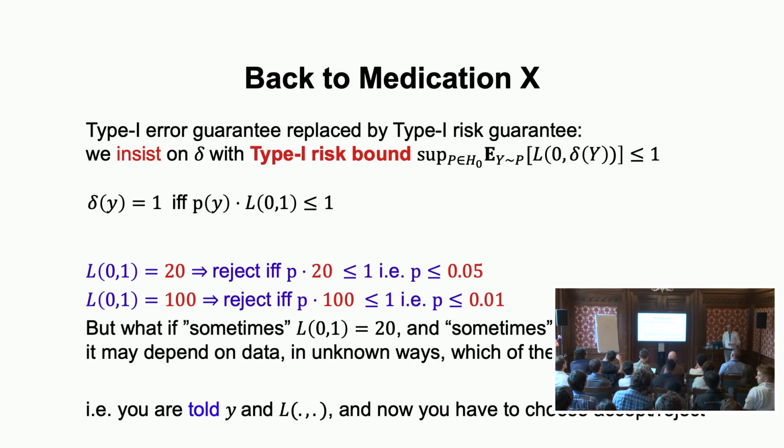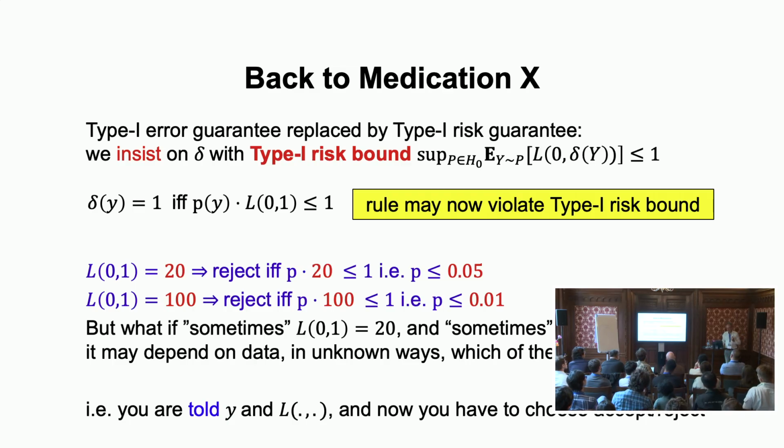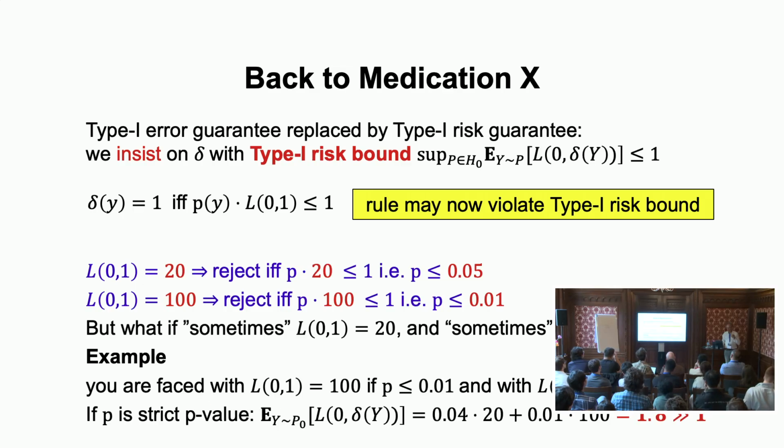But if it's sometimes 20 and sometimes 100, and this depends on the data, because some policymaker decides that, then because of this data-dependent choice, your expected risk bound might not hold anymore. It might be larger than 1. So you may now violate the type 1 risk bound.